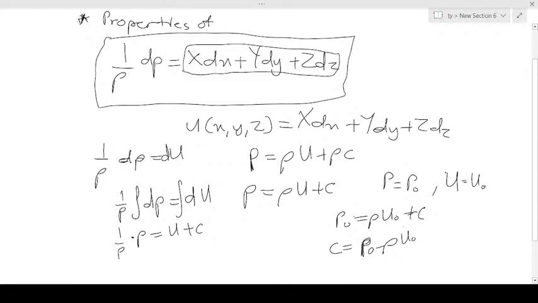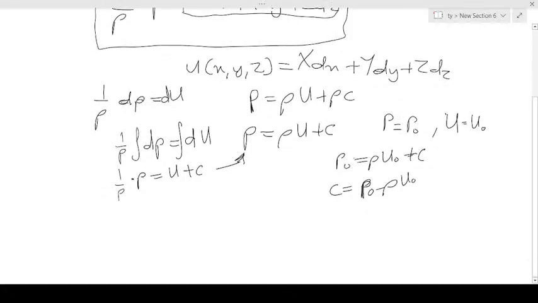So since we have these known parameters, we can now put it back into this equation. So now we can say P is equal to rho U. I think let me scroll down. So we have P is equal to rho U plus P naught minus rho U naught.